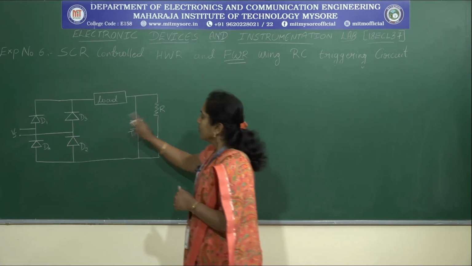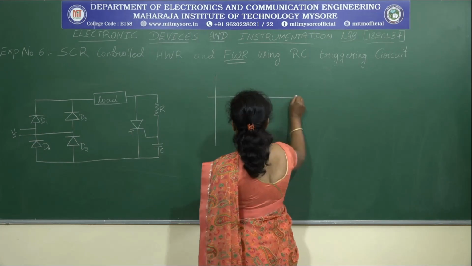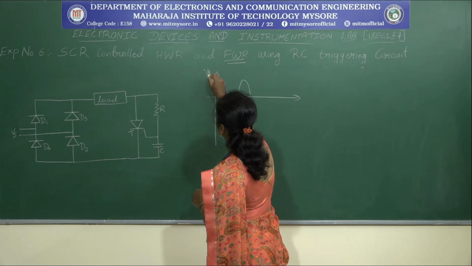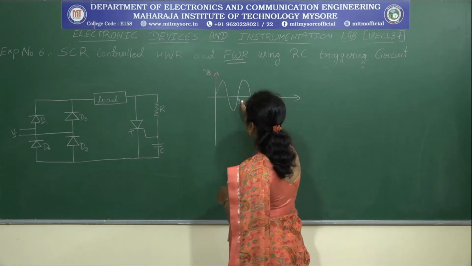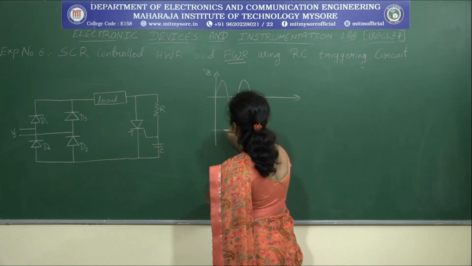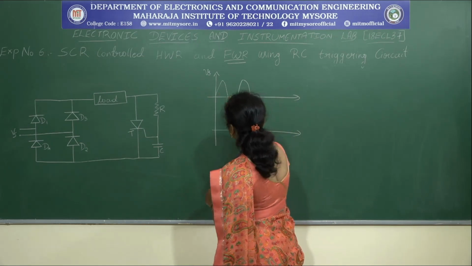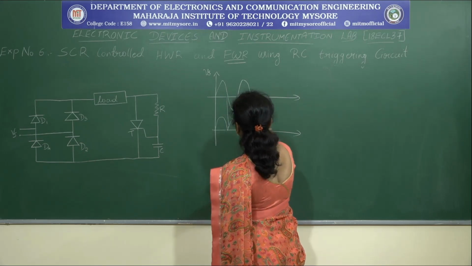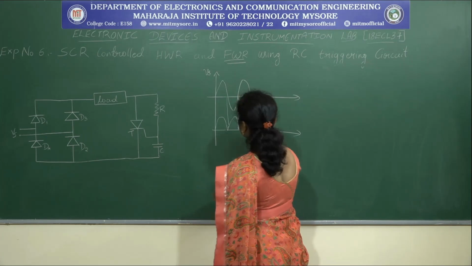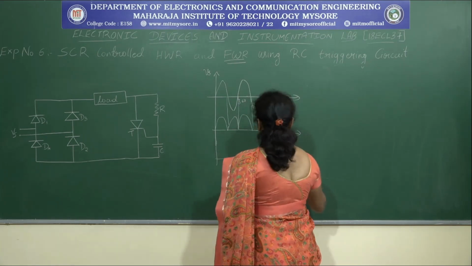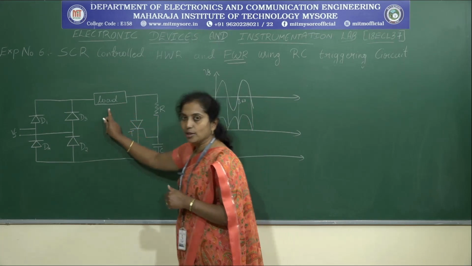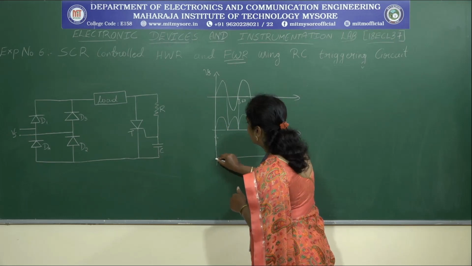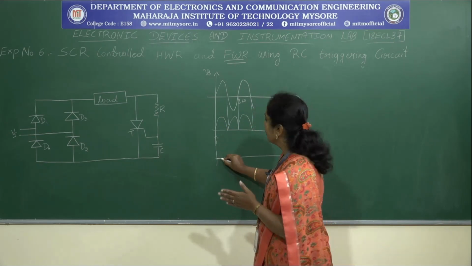Now the input supply you are getting like this. This is the Vs, and 0 to 360 degrees you are having. Full wave means in both half cycles you will be getting the output. So the firing angle, how you are going to measure it at the output, that means across the load you have to measure the firing angle. It is the angle at which the SCR is turned on.